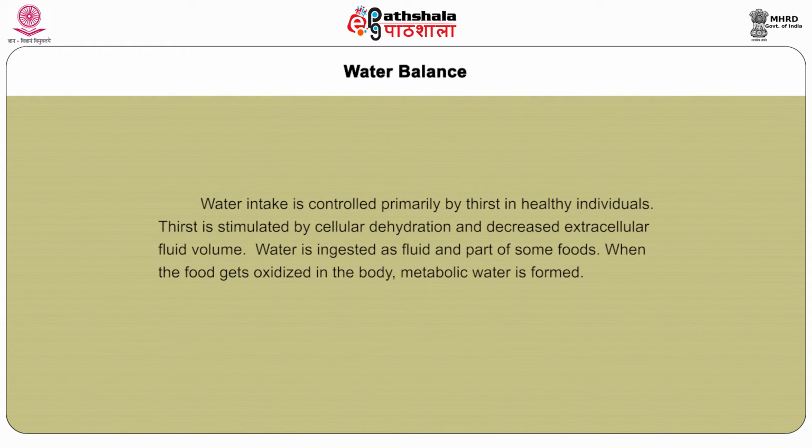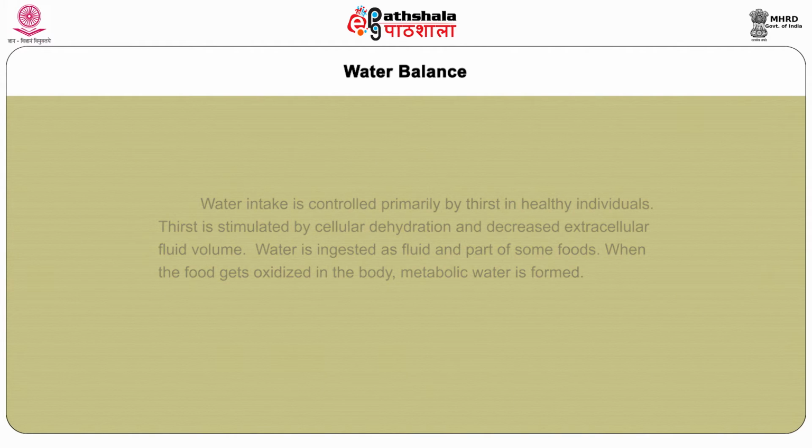The oxidation of 100 grams of carbohydrate, protein and fat yields 107, 55 and 41 grams of water respectively, and in total it makes approximately 200 to 300 milliliters of water per day.